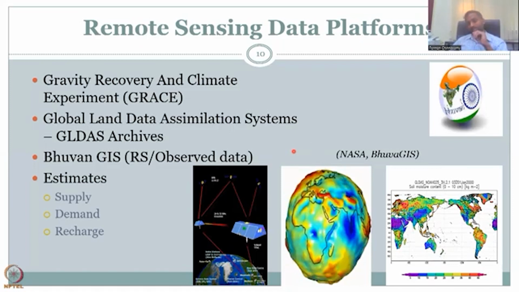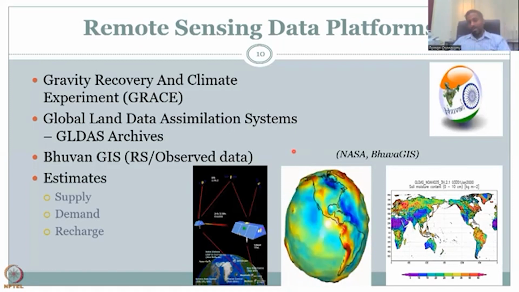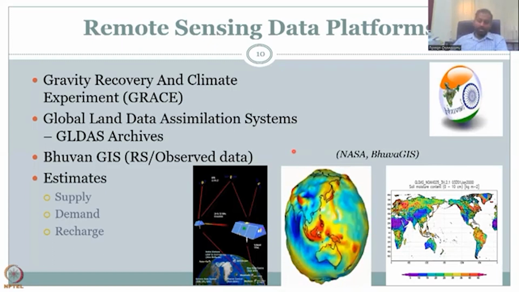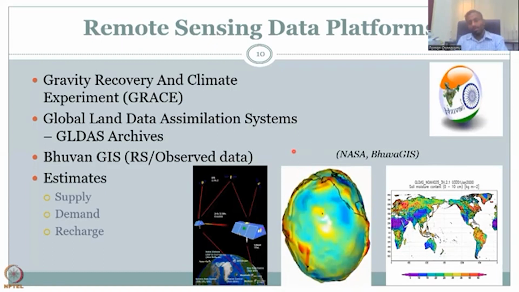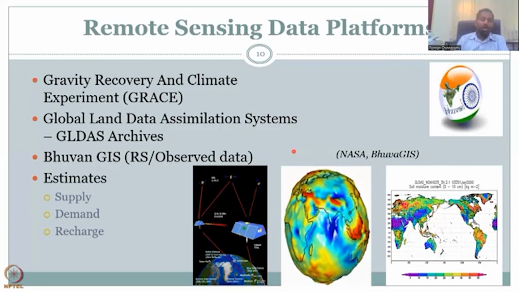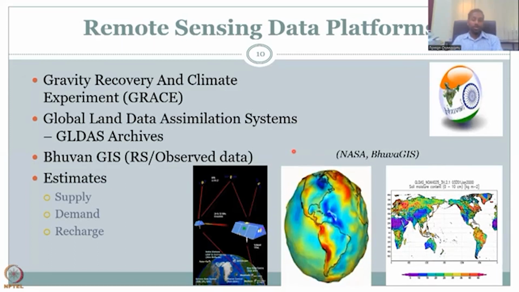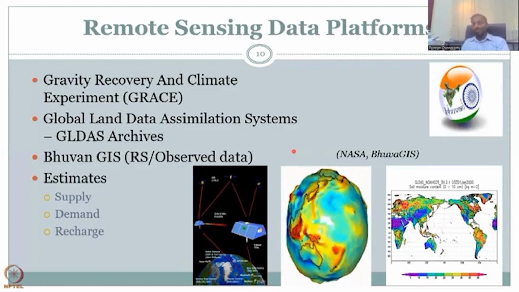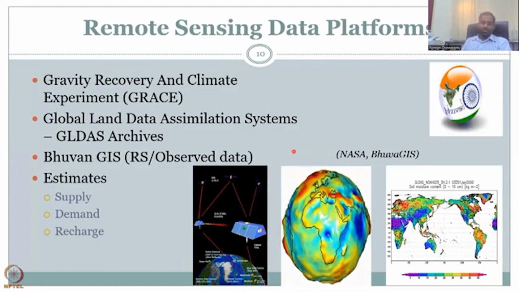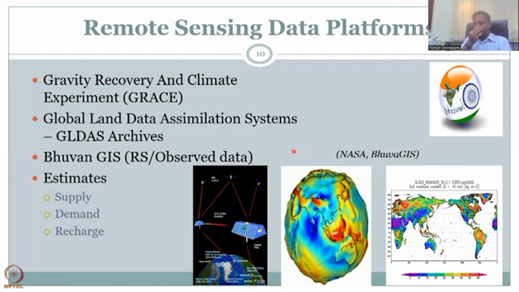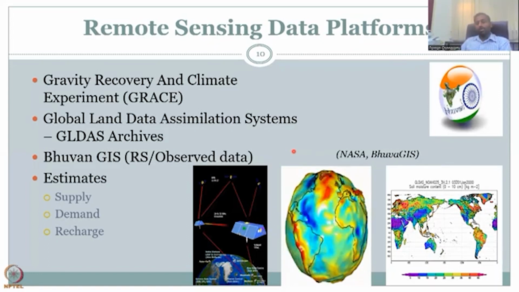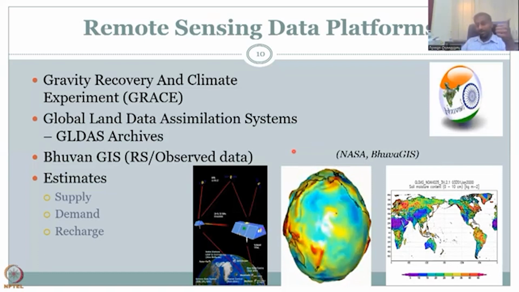So it measures something else, but if you subtract and then do some calculations, you get to groundwater. There are a lot of GLDAS archives, Global Land Data Assimilation Systems, which are clubbed together with the GRACE data to estimate groundwater. Some of the data could be from Bhuvan GIS and remote sensing and observed data. So you have supply estimates.